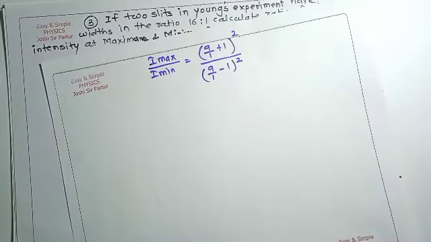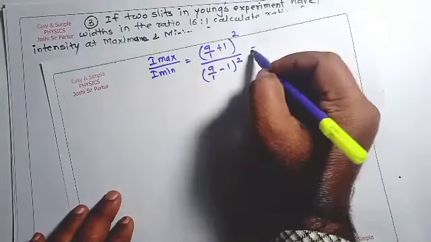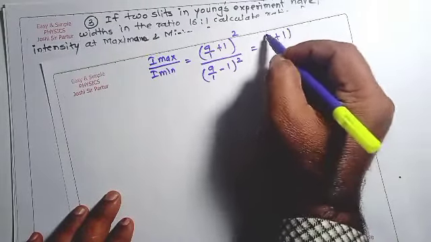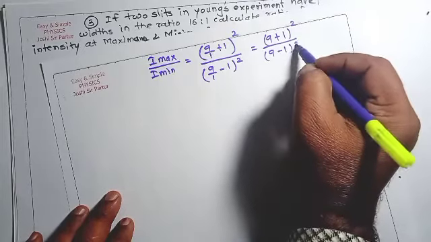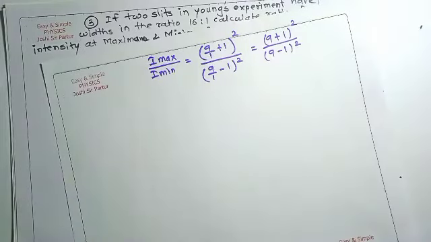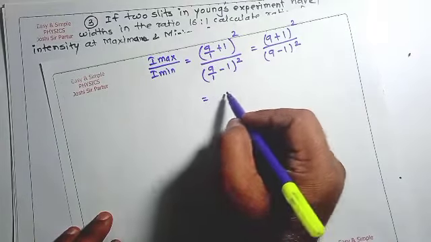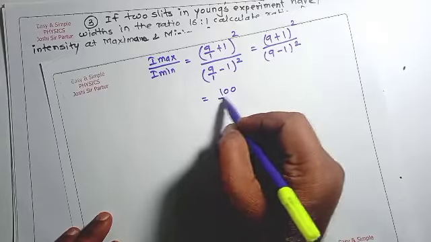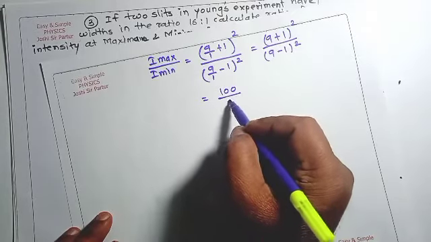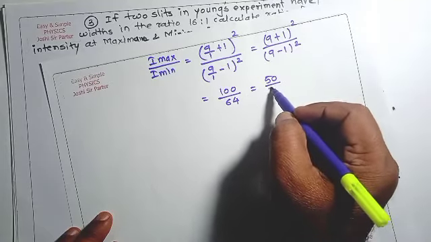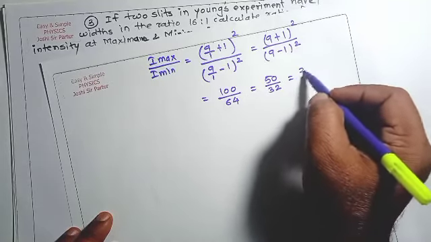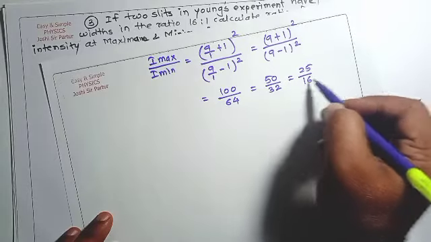Actually 9 upon 1 means 9. So we can write (9 plus 1) squared divided by (9 minus 1) squared. Then it is 100 upon 64, means 50 upon 32, means 25 upon 16.